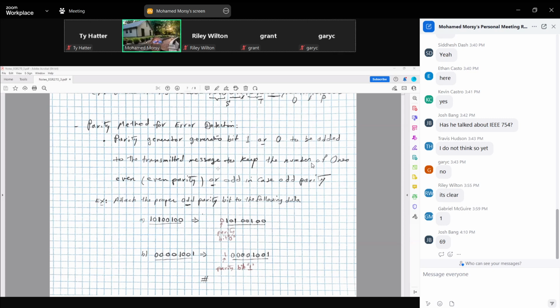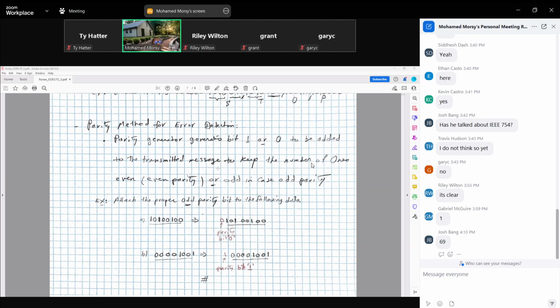Like 3, like 7, like 9, like 11. Any number that cannot be divided by 2. Like 7 divided by 2 is 3.5. But 8 divided by 2 is 4. So 8 is an even number. 10 divided by 2 is 5. 4. So odd parity means the total number of ones in the message is an odd number. Okay. Even parity, the total number of ones is an even number, for simplicity like 12, 24.